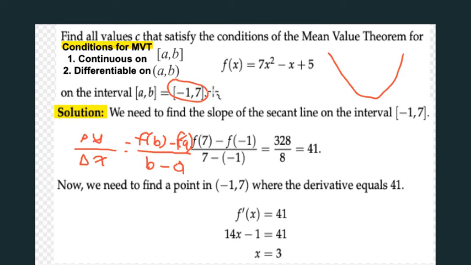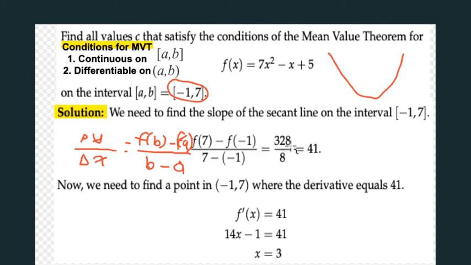So there's b and a right there. So f at 7, I would plug 7 into this. So plug in 7 for x. 7 squared is 49, times 7 is 343, minus 7 plus 5.